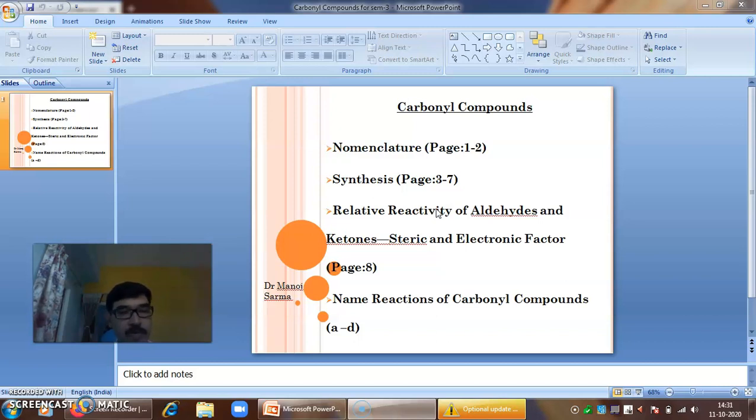Lewis acid, you know, aluminum chloride, ferric chloride, these are Lewis acid catalysts. This is an electrophilic aromatic substitution reaction to give you aromatic ketone. Similarly, when benzene is treated with benzoyl chloride in presence of aluminum chloride, then also you will get aromatic ketone, benzophenone.